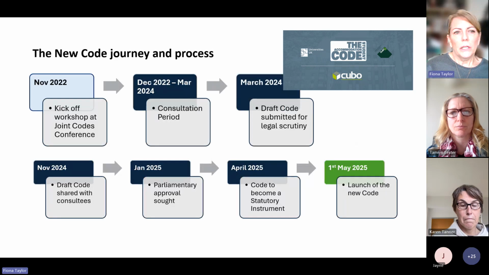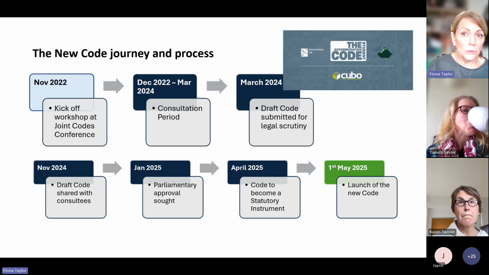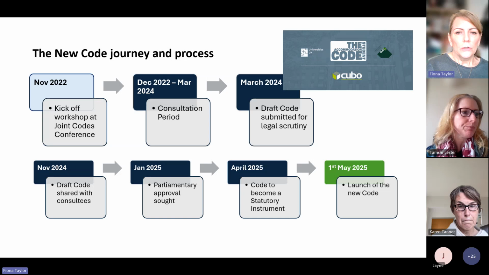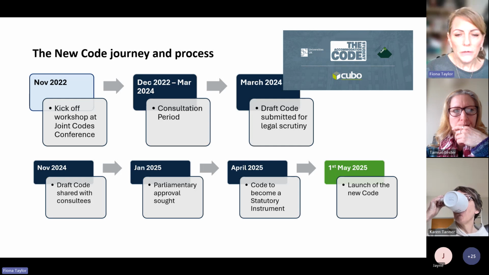The process kicked off in November 22 with a workshop at the Joint Codes Conference. There was a long consultation period of which members were part of, so thank you to those who contributed to that. A year ago, we had a draft code document, and that's been scrutinised by our legal team. We shared that in November 24, so members will have had a copy of that.